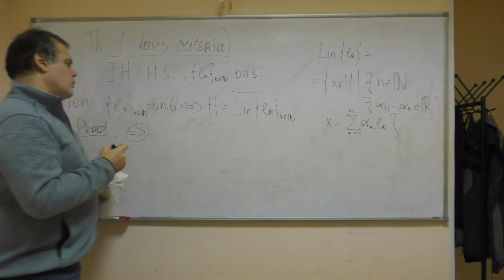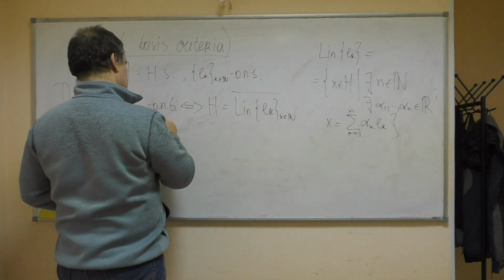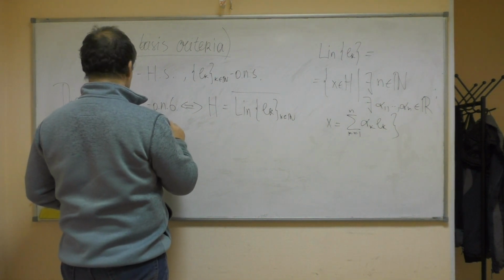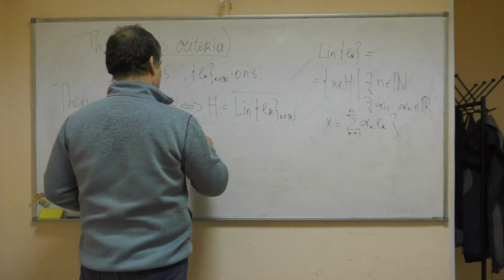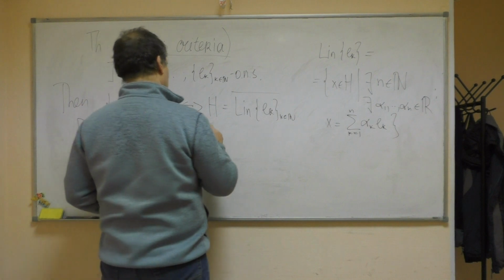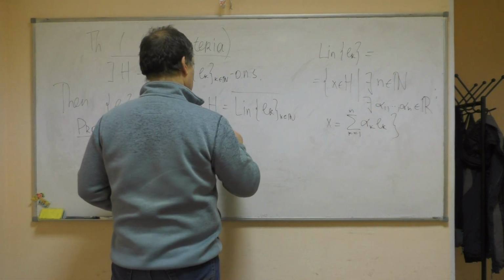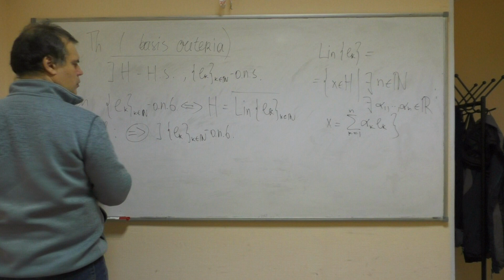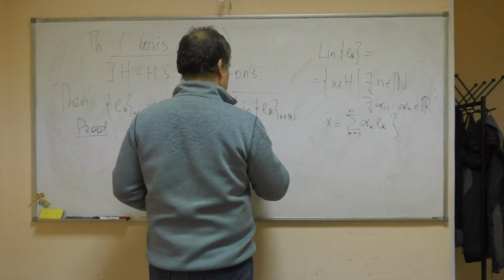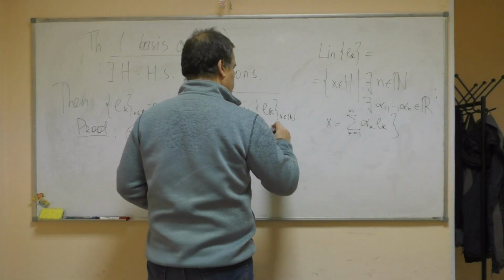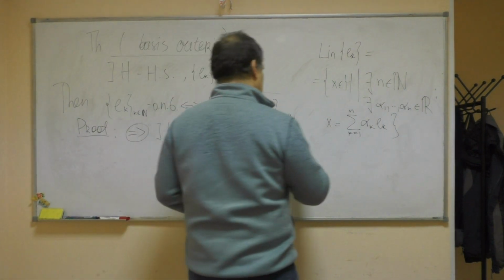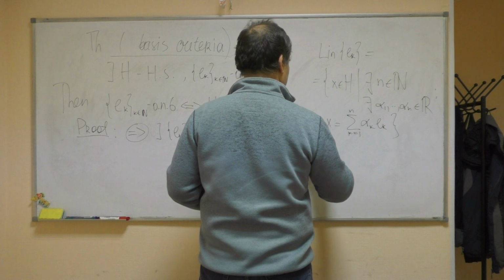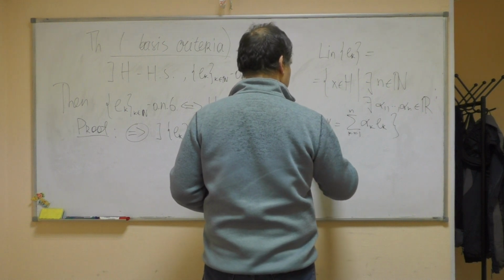Actually, it's not very hard. So we have basis. And if we take some arbitrary element from H, this element is a sum of its Fourier series.